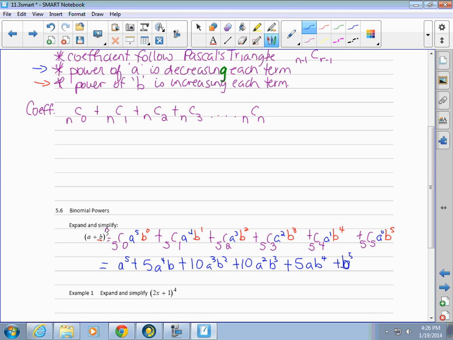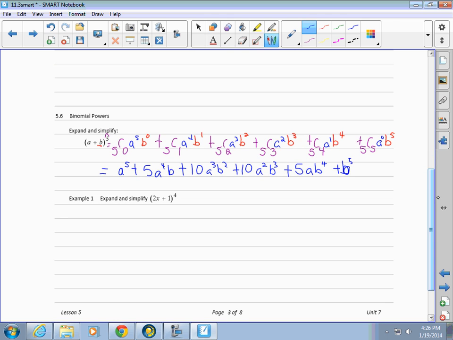Okay, so that works nicely when you have just a plus b, nice little terms with no coefficient in front of them. The next one is expanding it when we have something else in there. So instead of having a nice little x and a 1, we have 2x.